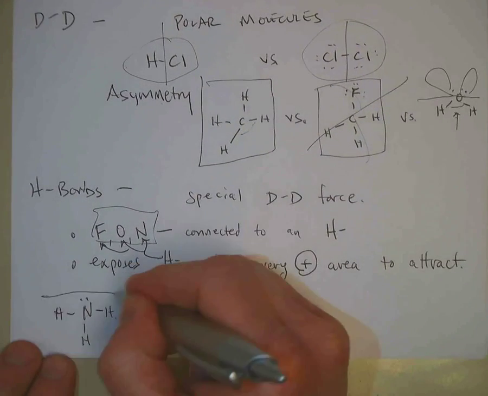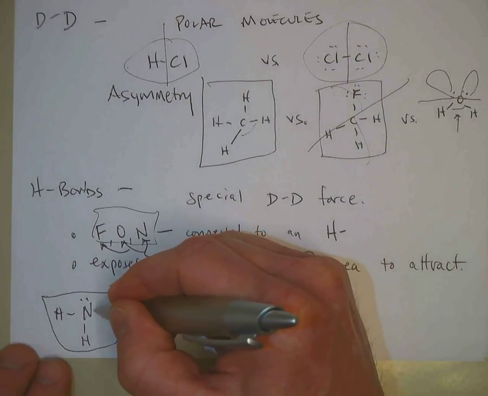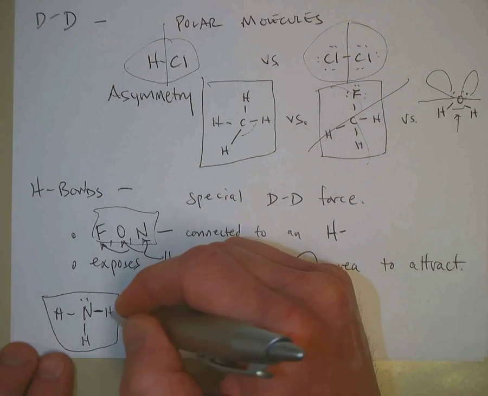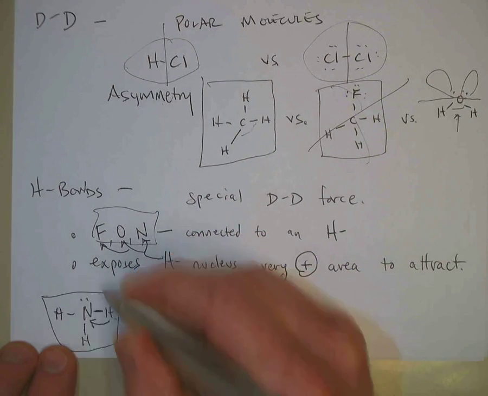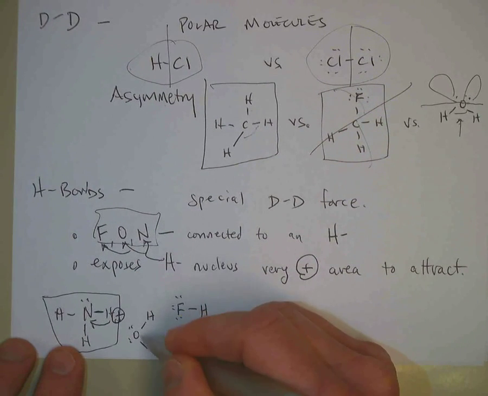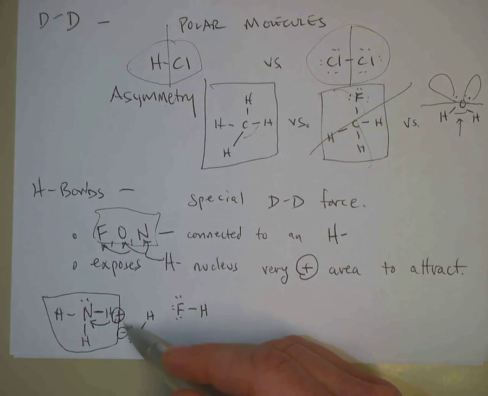Here's ammonia. Ammonia, of course, has a hydrogen bond possibility because nitrogen is bonded to hydrogen. The electrons are pulled really close to the nitrogen, giving it more of a positive charge here. Here's another example with water where it has more of a negative charge here because the electrons are pulled close to the oxygen. And that's why ammonia and water attract each other so well.